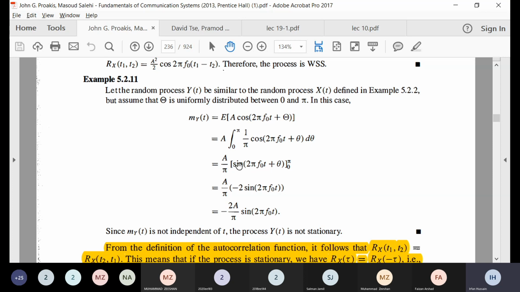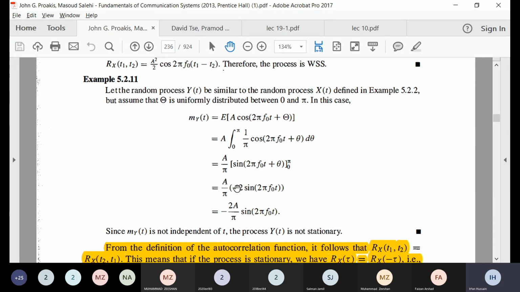The second term goes away, so it will always be minus sine 2 pi f naught t for pi. With 0, minus 0, 0. So adding up, this comes out to be minus 2 A over pi times sine 2 pi f naught t. So this is your mean.